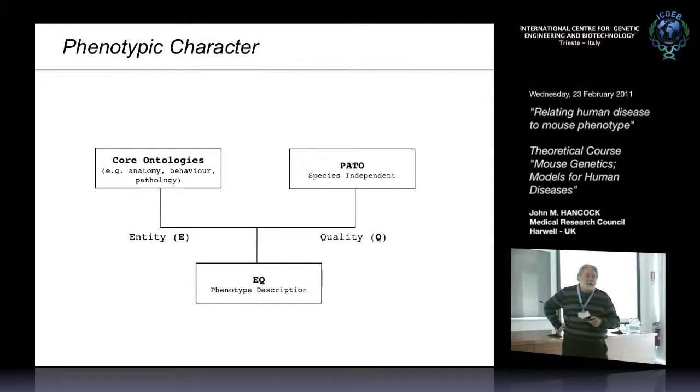PATO is the phenotype and trait ontology, but actually it's an ontology of what is known as qualities. So qualities being bigger, smaller, wider, yellow, these things. And that allows us to build up phenotype descriptions.